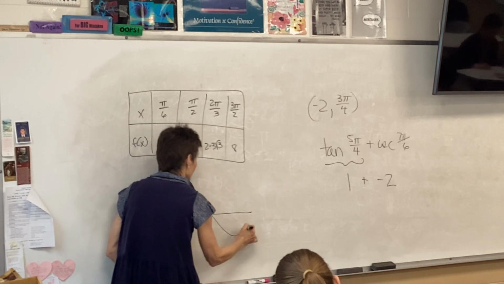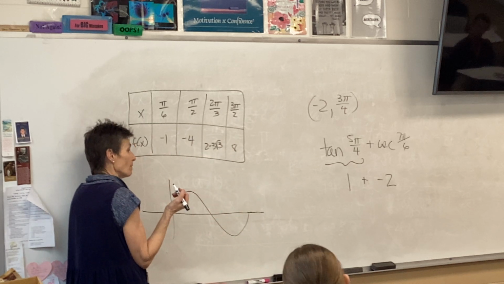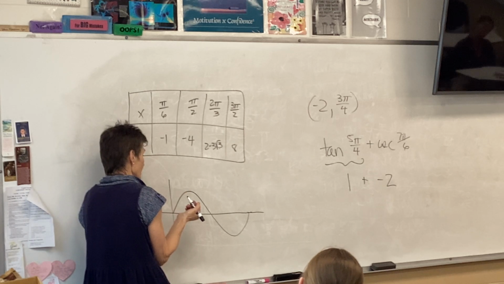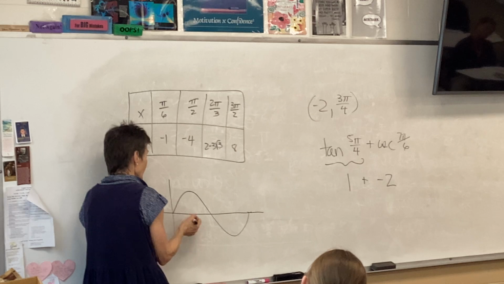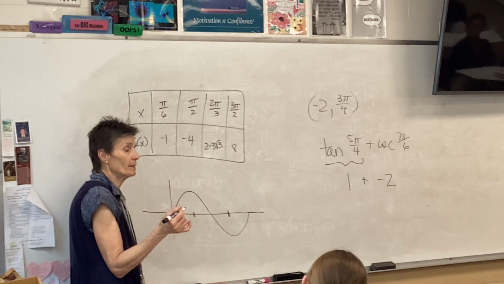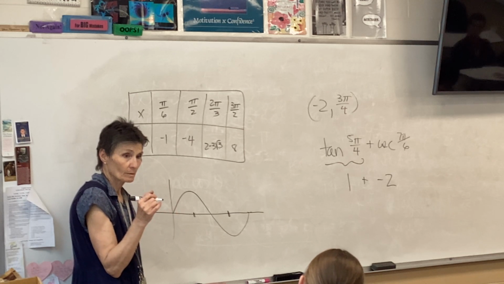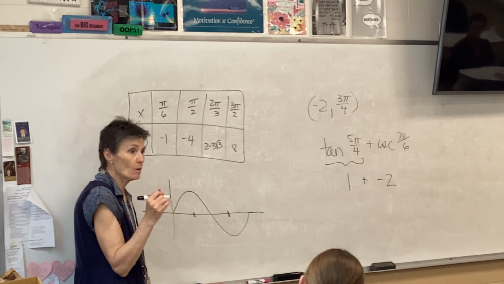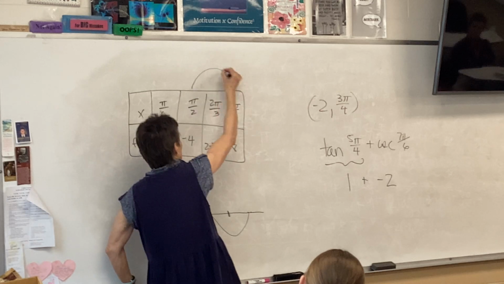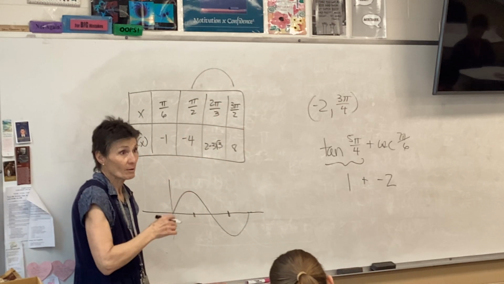We did problems kind of like this before where we knew that this point and this point are gonna happen half a period apart. So if I know the period is 2 pi, then don't these 2 points have to be half a period apart?